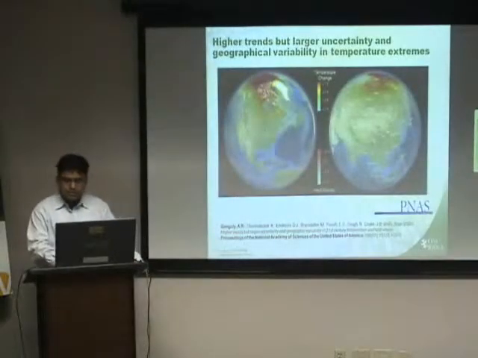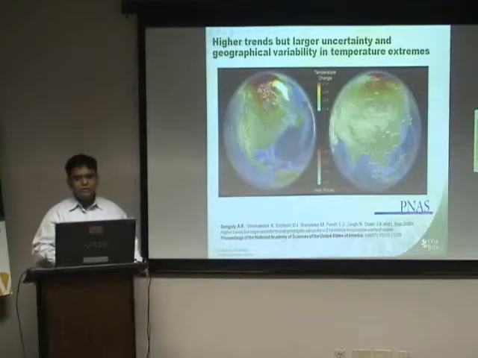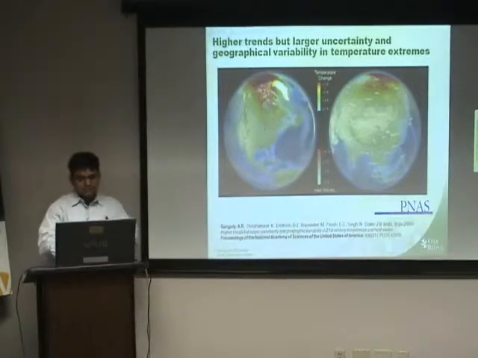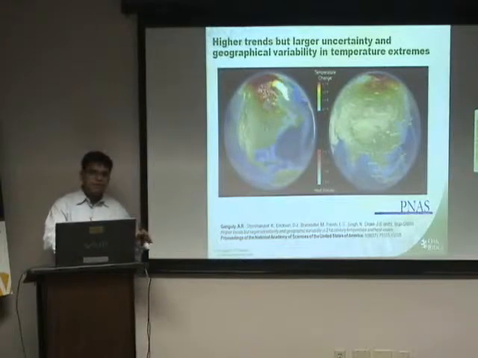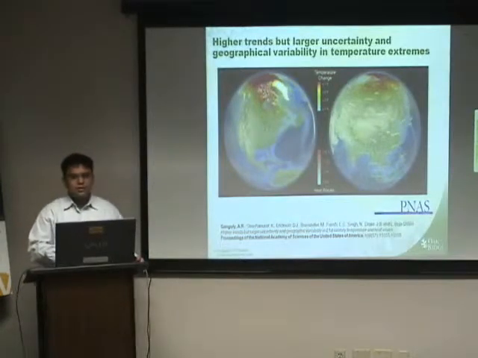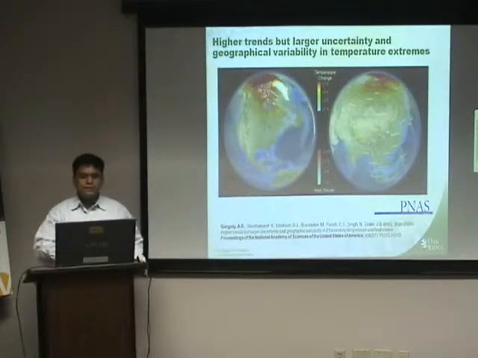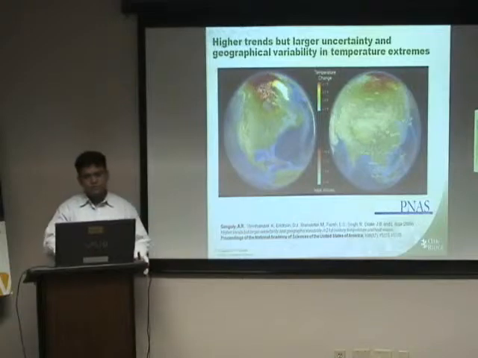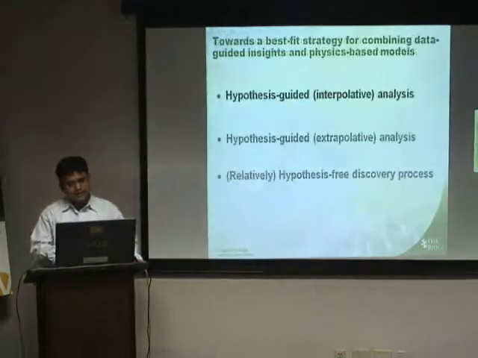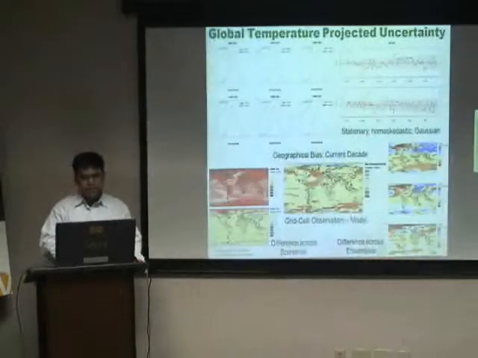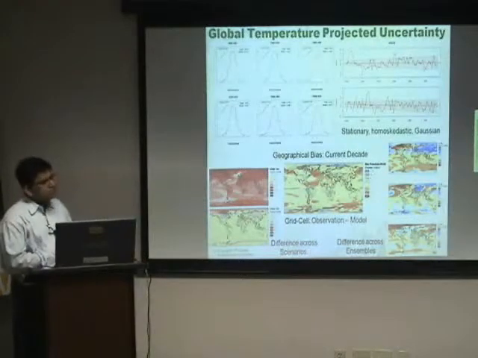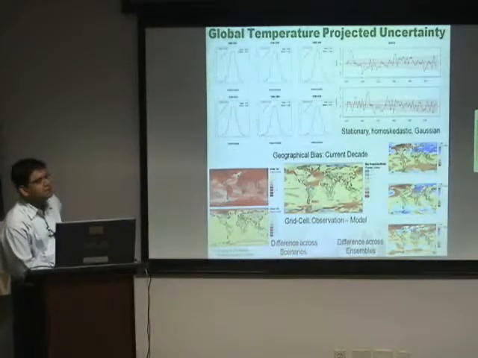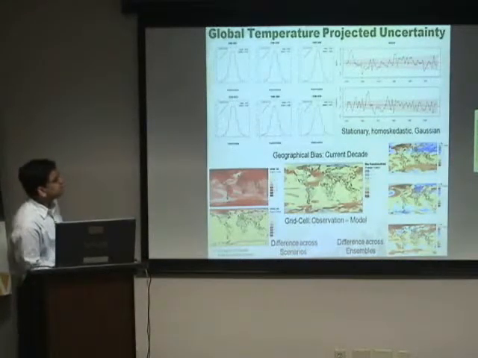So this is one paper that we published recently in PNAS, which talked about, this is fairly hypothesis guided analysis, which found higher trends but larger uncertainty and geographical variability in temperature and heat waves in the 21st century. And this looked at fairly detailed exploratory type of analysis of the uncertainty.